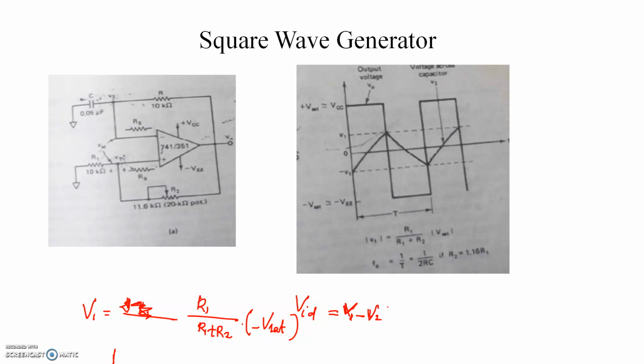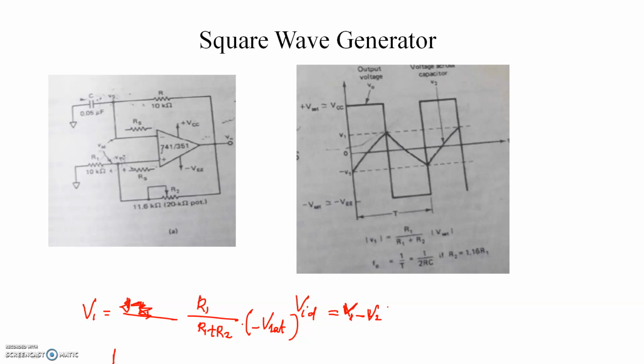When the capacitor completes discharge and then recharges to a negative voltage slightly higher than minus V1, the differential voltage VID equal to V1 minus V2 becomes slightly positive, and hence the output of the op-amp is driven to plus Vsat. This completes one cycle.